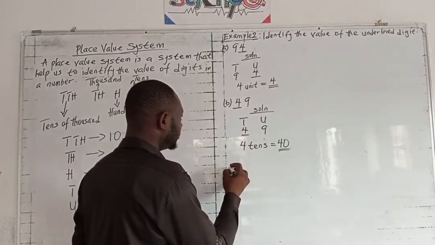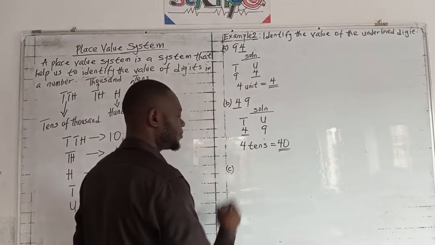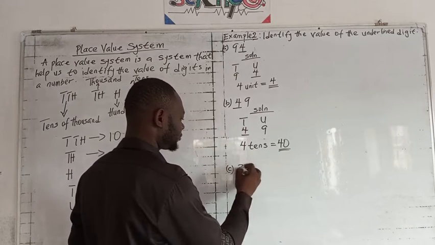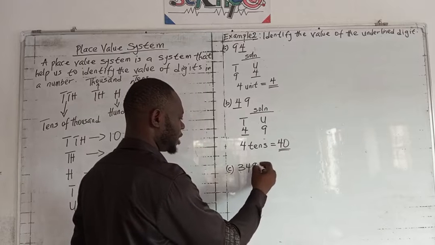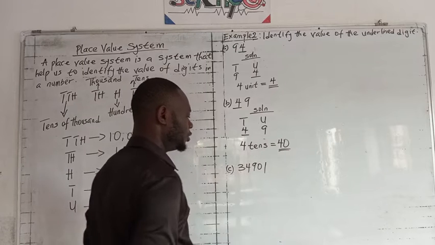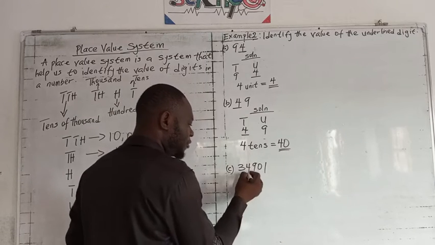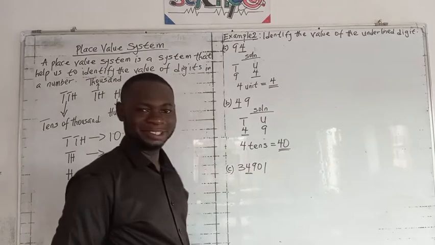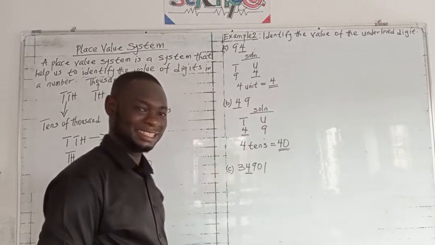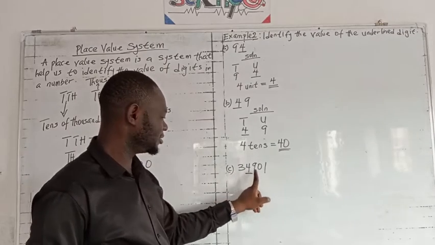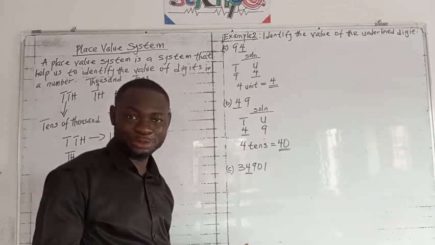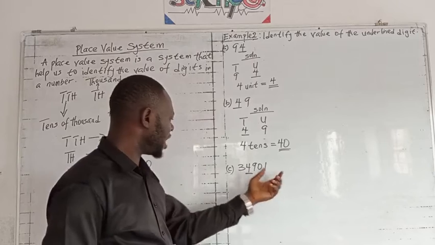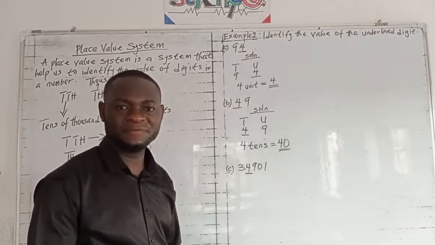Okay, let's look at this example. I have 34,901. And 4 is underlined. I underlined 4 again. In this number, 34,901, what's the first thing we need to do? The first thing we need to do is to arrange this number in place value.